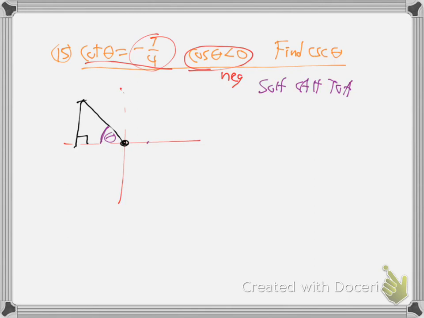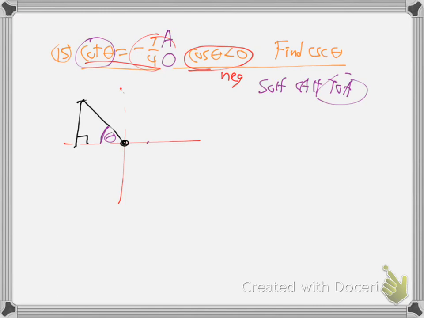So SOHCAHTOA, they're giving me cotan. Tangent is opposite over adjacent. So cotan upside down, this must be adjacent. Oh, not over hypotenuse, over opposite. Right? See how I'm coming up with that? That's good. So I drew it in the second quadrant.